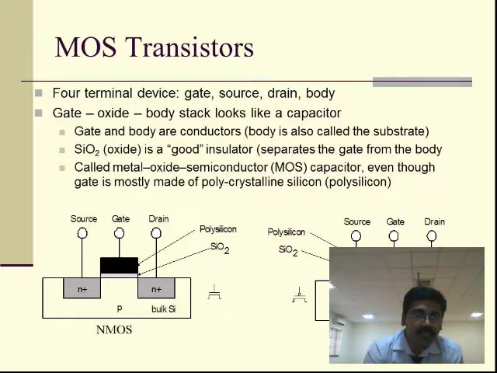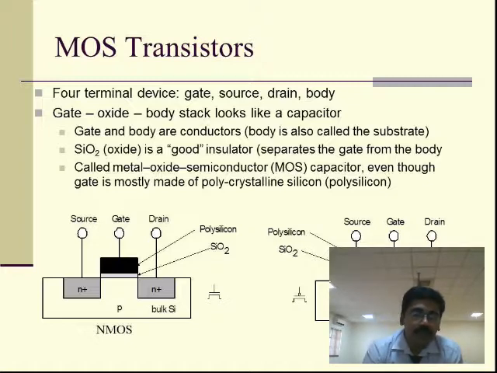In order to construct an NMOS transistor, we need to take a P-type substrate. From the P-type substrate, we are going to derive a fourth terminal called bulk or substrate, and in the P-type substrate we are going to diffuse two N layers, which form the source and drain of the NMOS transistor.